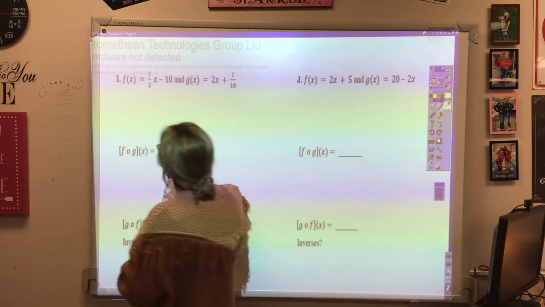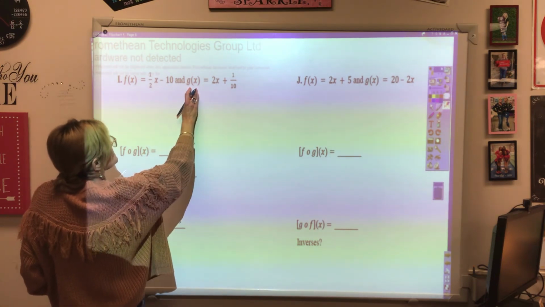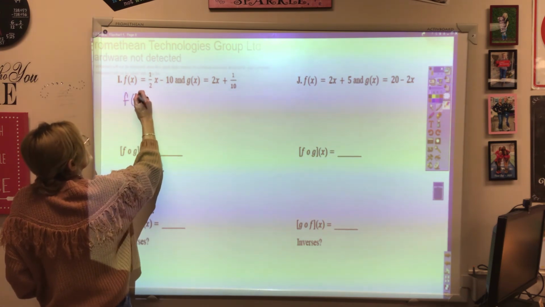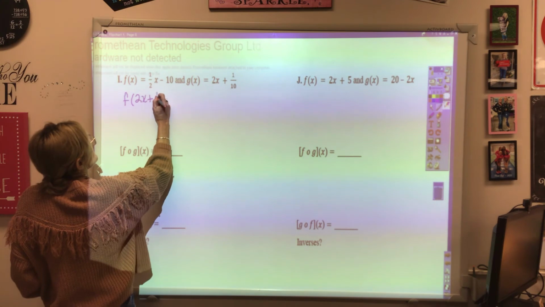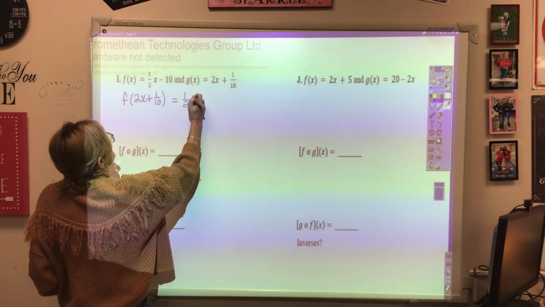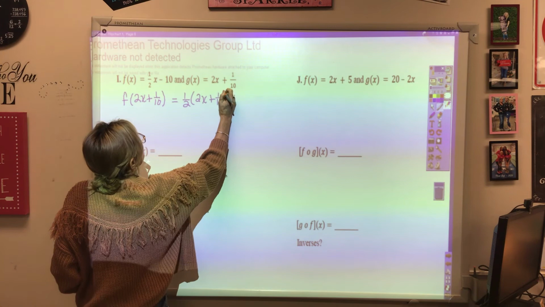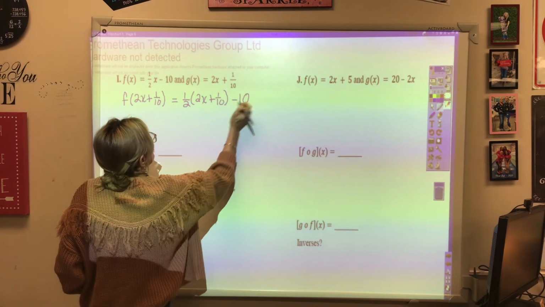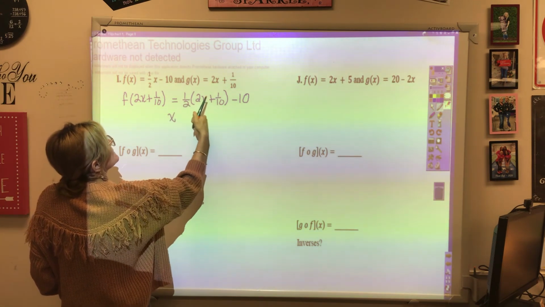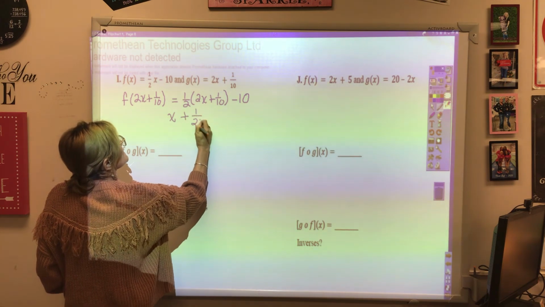Okay, so we've got f of x equals 1/2 x minus 10, and g of x equals 2x plus 1/10. So we're going to take f of 2x plus 1/10. So we're going to have 1/2 times 2x plus 1/10 minus 10. 1/2 times 2x would be x. 1/2 times 1/10 would be plus 1/20.